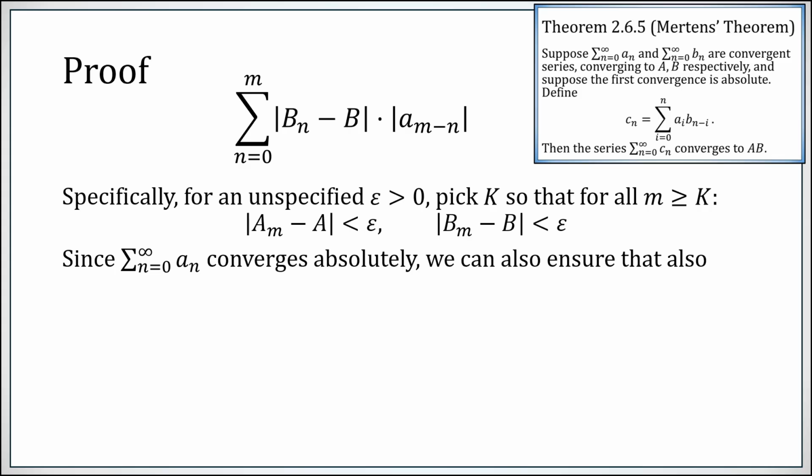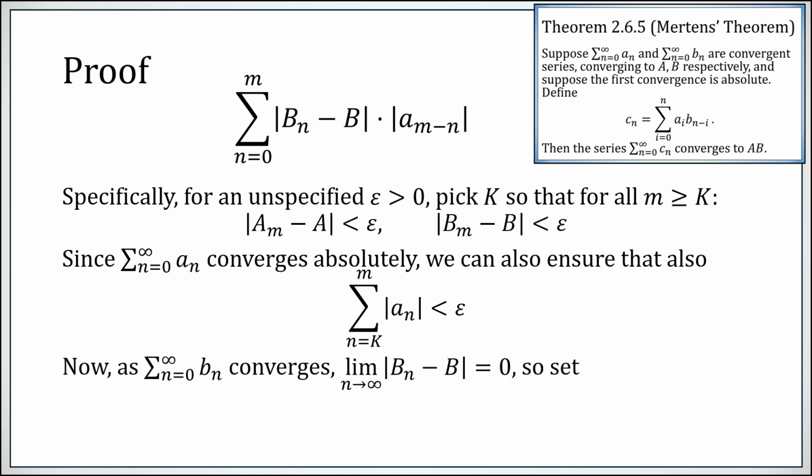But the a's aren't just converging, they're converging absolutely, which means that the sum of absolute values converges, so its tails can be made arbitrarily small, so partial sums from its tail can be made arbitrarily small. So I can pick capital K so that the tail of the absolutely convergent series is also less than epsilon, meaning any of its partial sums is still less than epsilon.